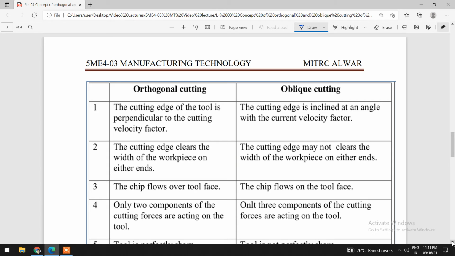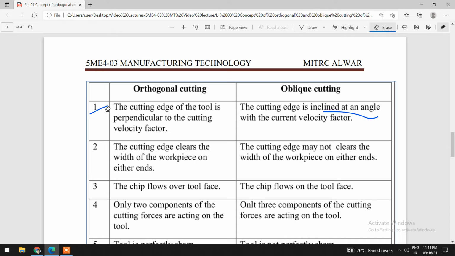So first of all, you can see in this column the cutting edge of the tool is perpendicular to the cutting velocity vector. हमने जस्ट अभी देखा फिगर में कि हमारा जो कटिंग एज होगा टूल का वो परपेंडिकुलर होगा कटिंग वेलोसिटी वेक्टर के. और ऑब्लिक कटिंग में, the cutting edge is inclined at an angle with the cutting velocity vector, है ना, इसमें आपका इंक्लाइंड होगा. These are the major differences between the orthogonal cutting and the oblique cutting, right.